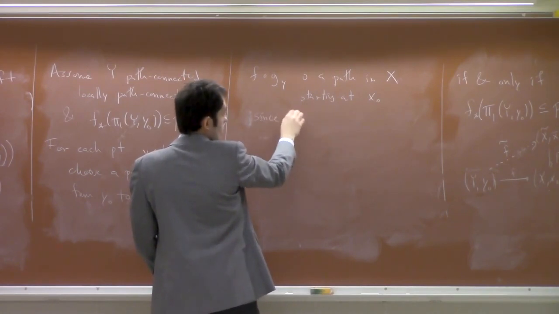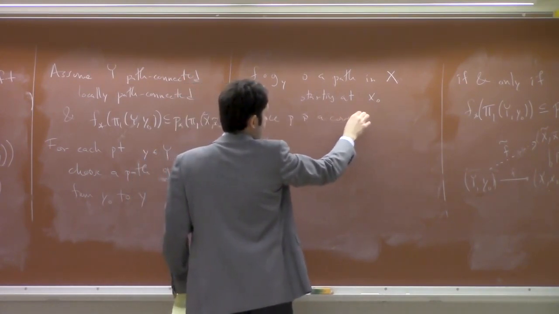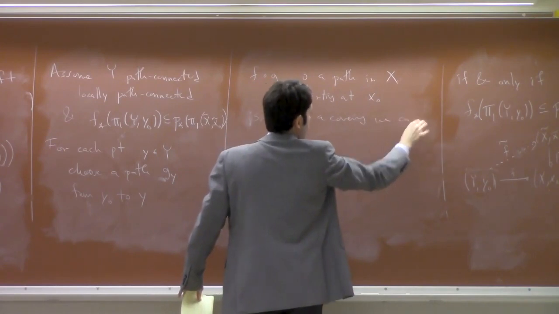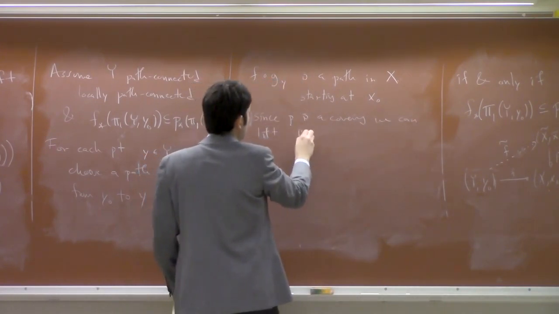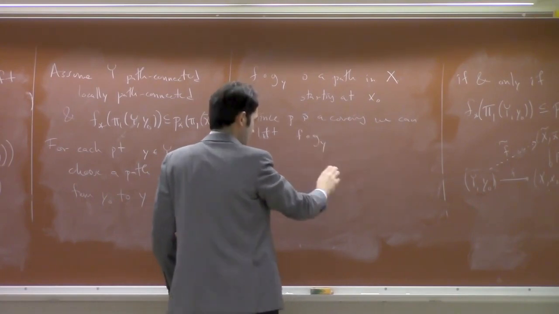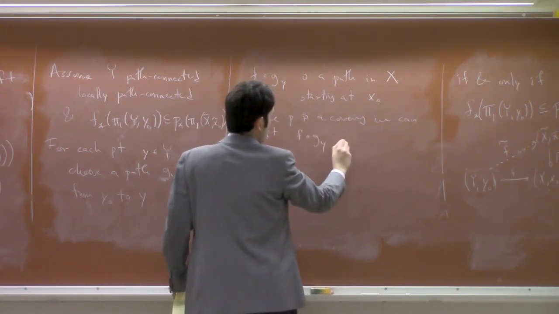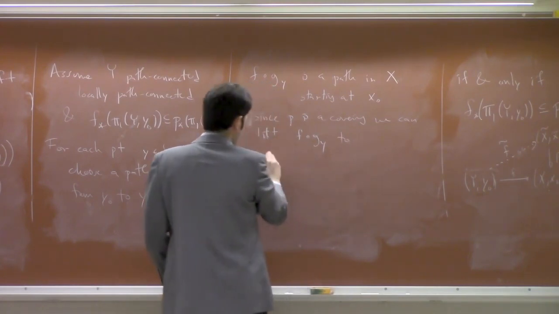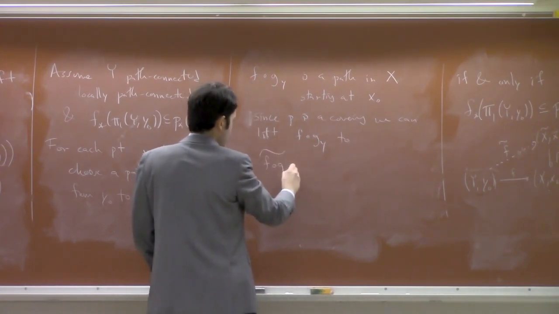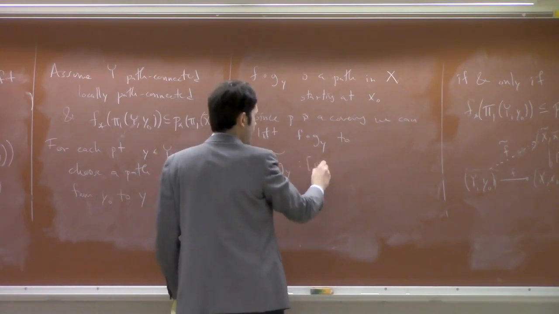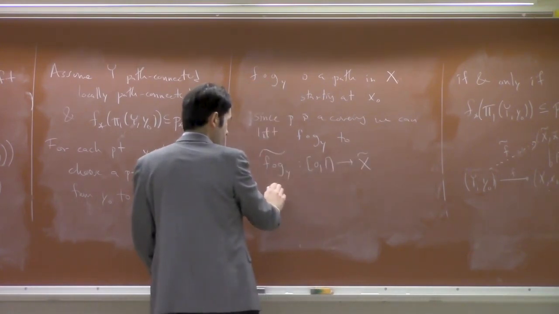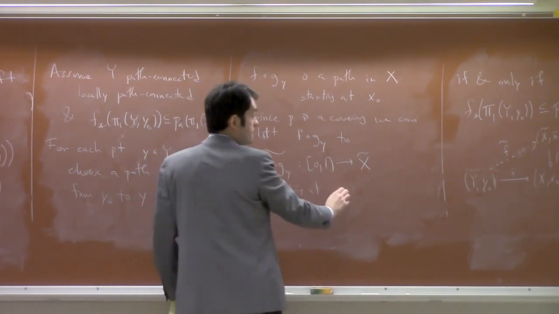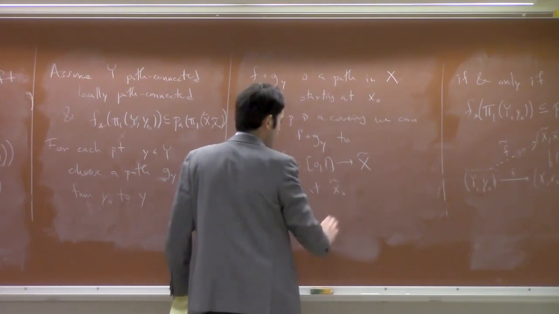Since p is a covering map, we can lift to a path in x tilde starting at x naught tilde.